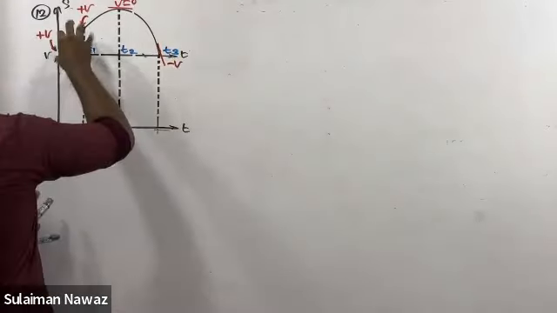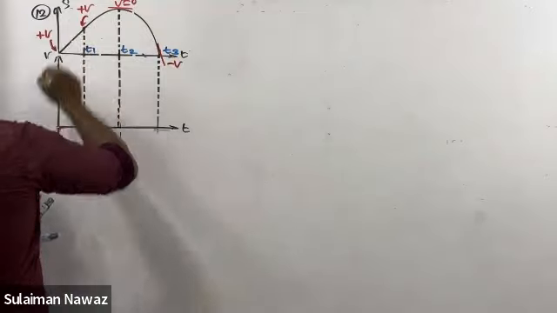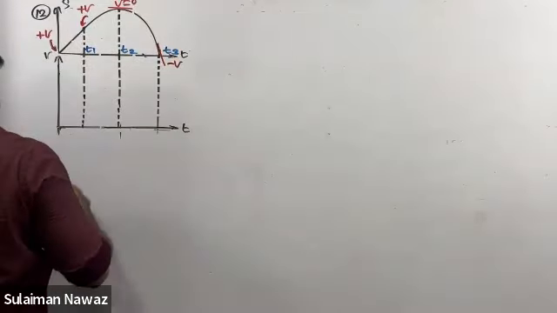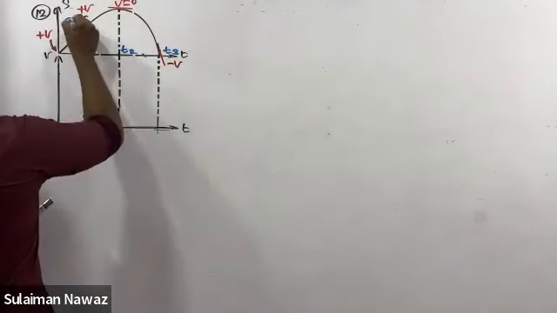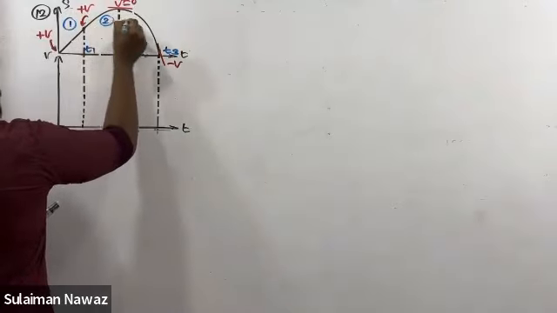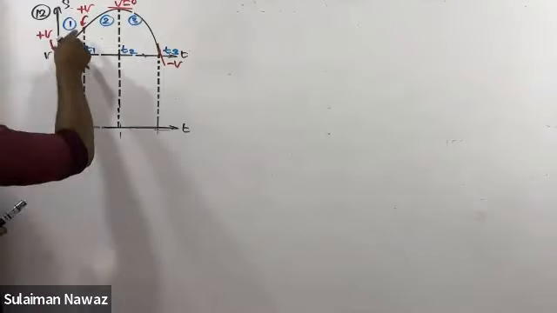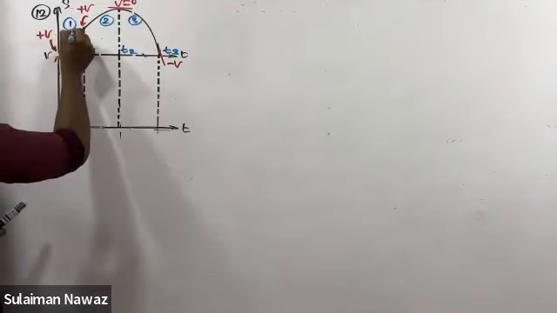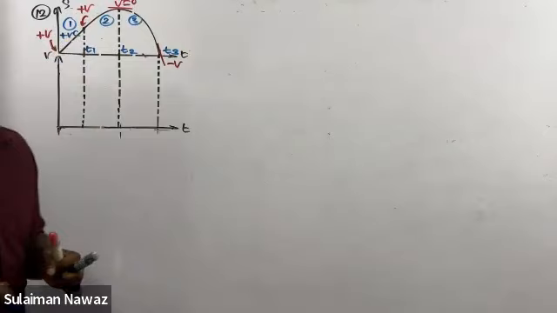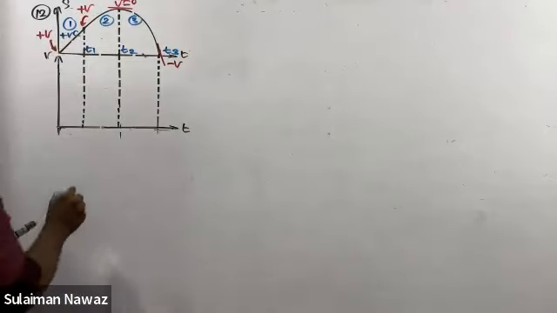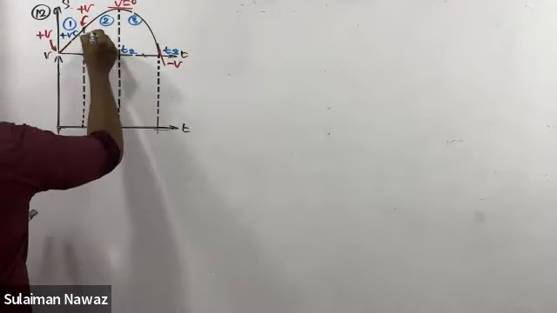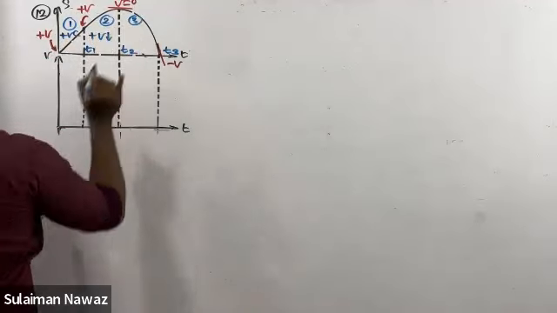I can divide the entire graph into 3 sections: section 1, section 2, section 3. Section 1, acute angle constant, therefore positive velocity constant. Section 2, acute angle decreases, therefore positive velocity decreases.